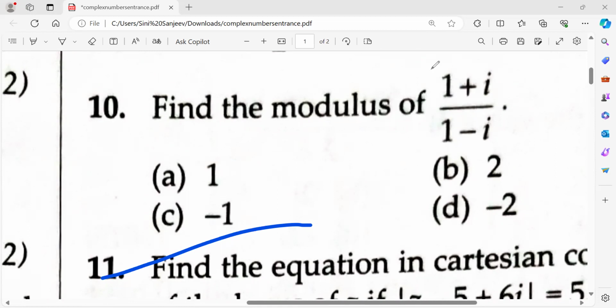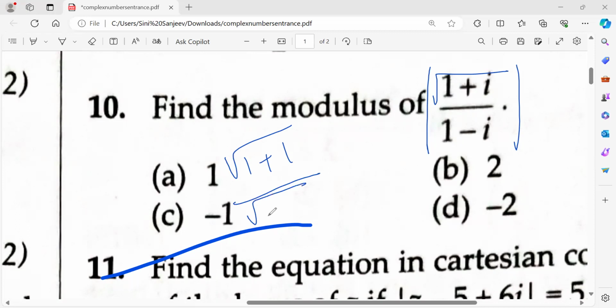So modulus means what? Simple thing. Just put root, right? What is root of 1 square plus 1 square? Up and down also, 1 square plus 1 square. Modulus means root of the squares of the coefficients of the terms. That's it. So root 2 by root 2, what is the value? 1. Just put option A.